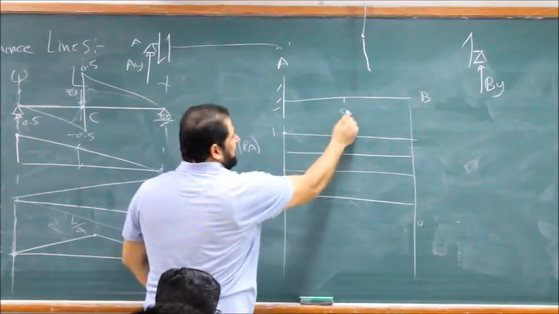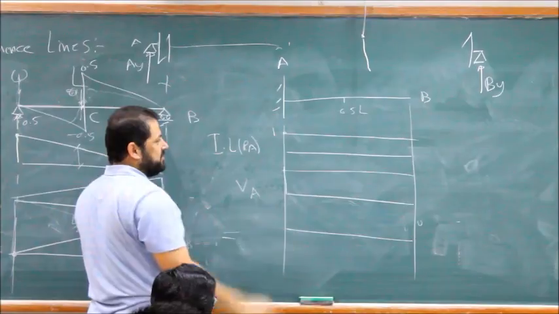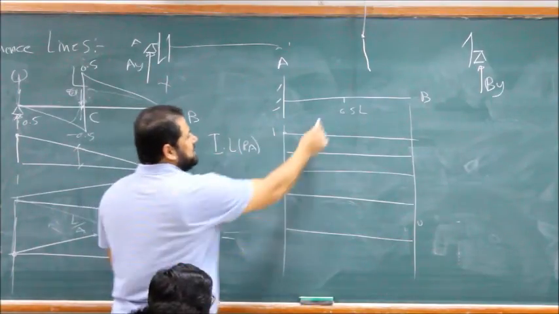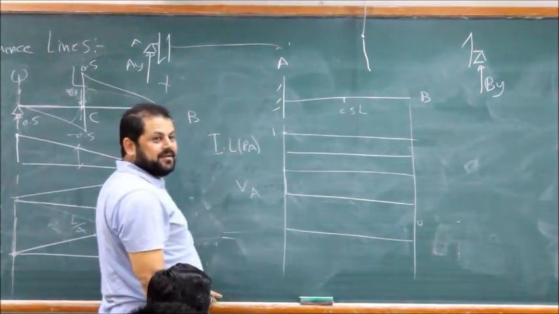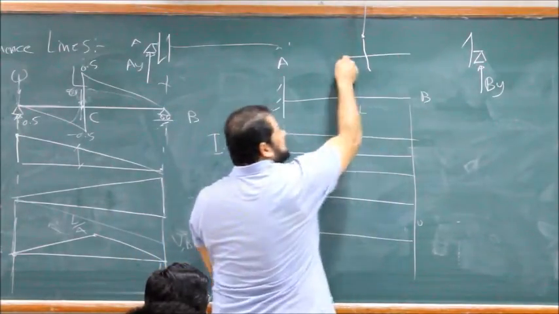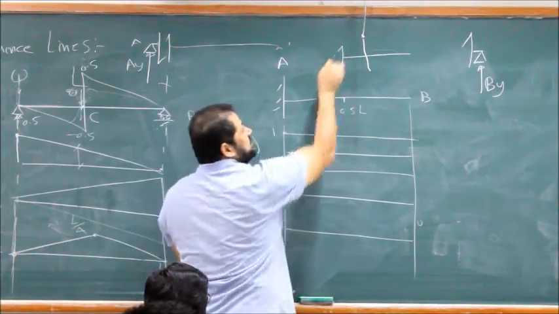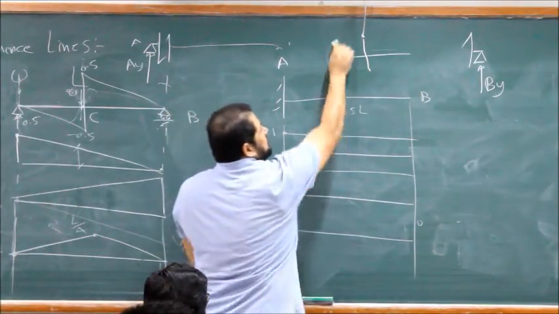What's the shear at 1.5 L? Mahmoud, you know it? What's the shear here? This is the cut. If there is no unit load here, how much is the shear here? 0. And how much is the moment here? 0.